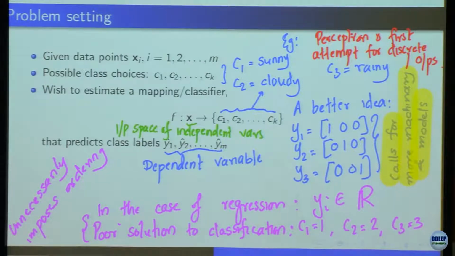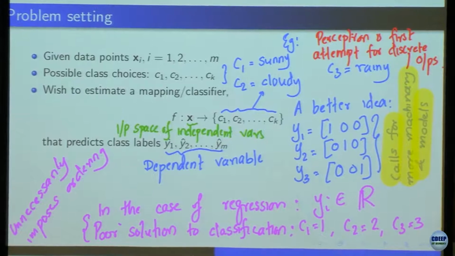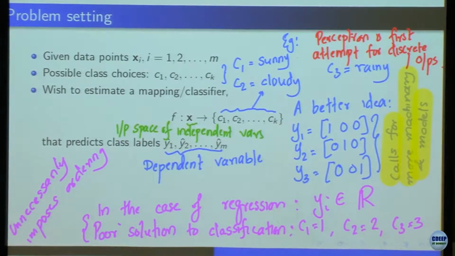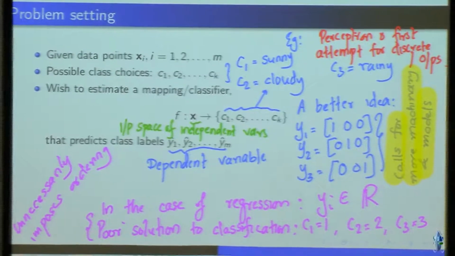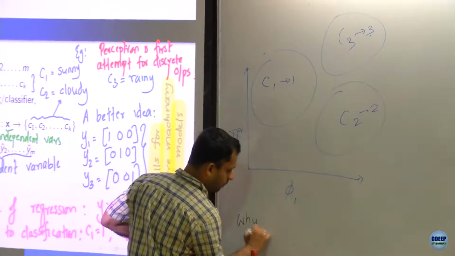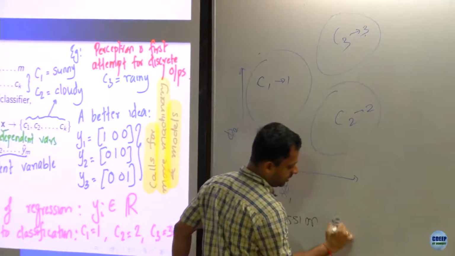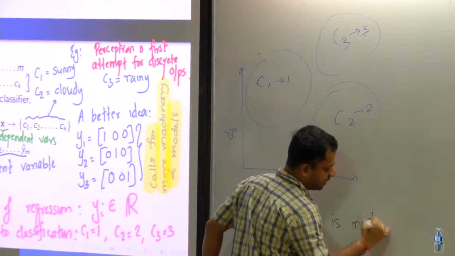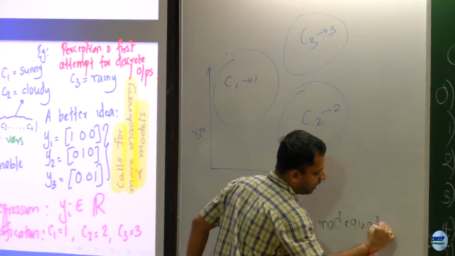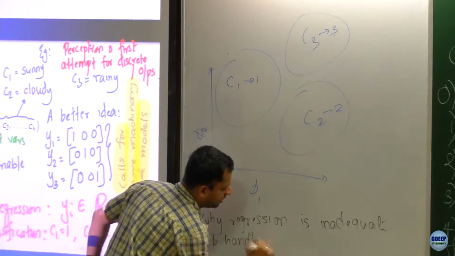Can I move on? So the problem setting is clear, and I hope I have sufficiently motivated why regression is going to fall short. We need more machinery, and what I was trying to illustrate there on the left hand side is why regression is inadequate to handle classification.